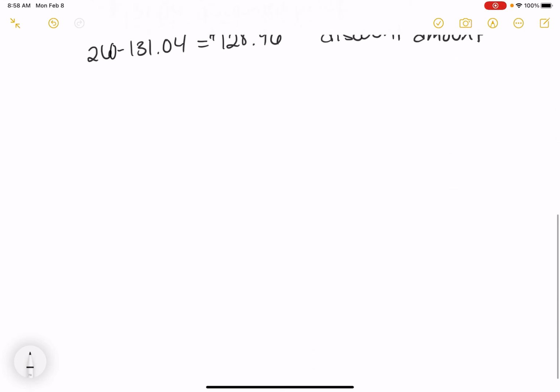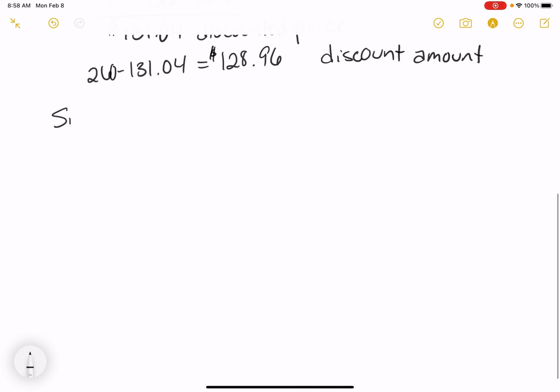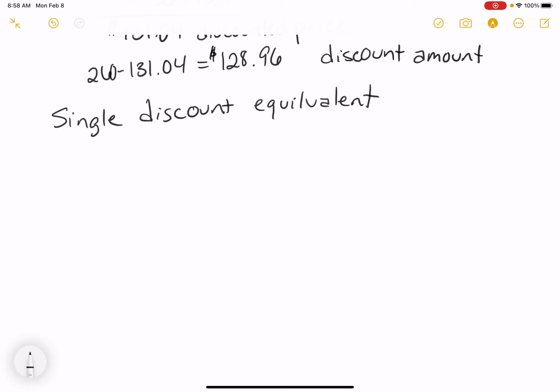Okay, the next method is the single discount equivalent. So this is the shortcut. If you buy regularly from one vendor and always receive the same discount series, you can calculate the invoice price faster by using a single discount that is equivalent to the series discount.